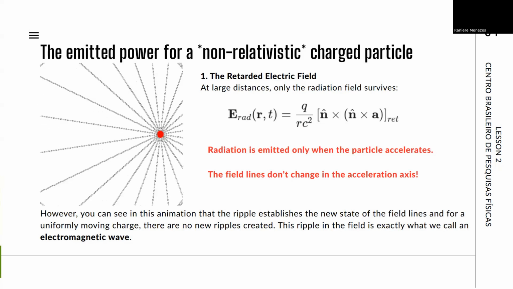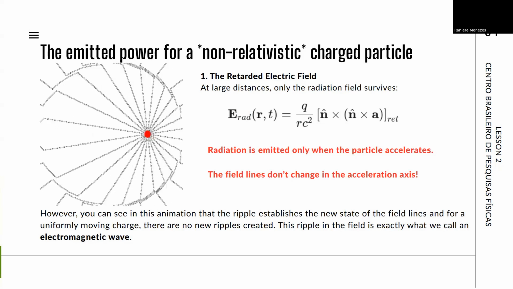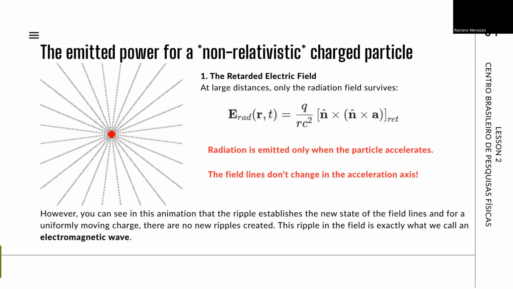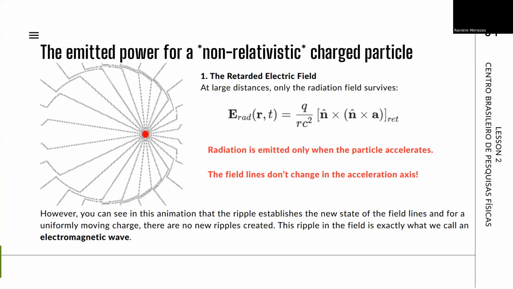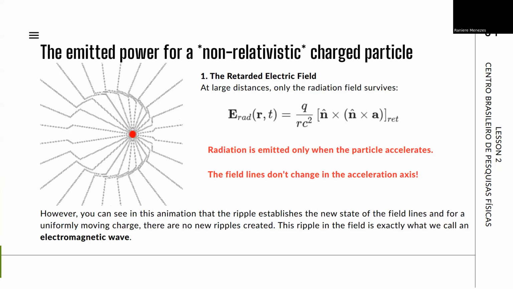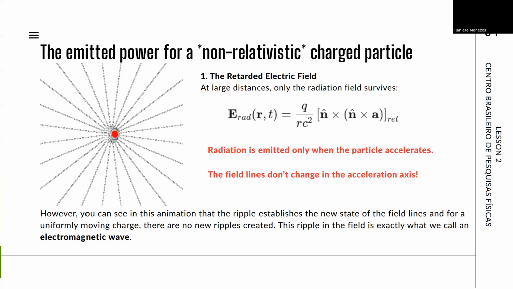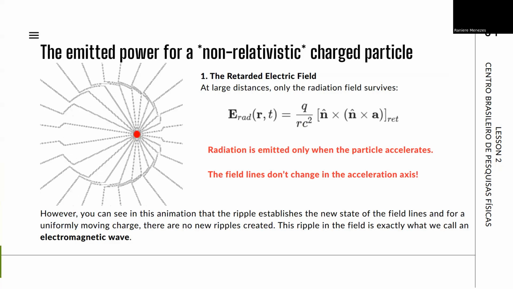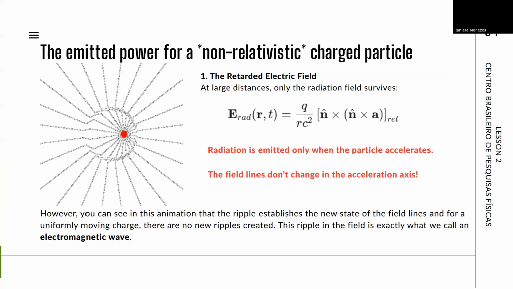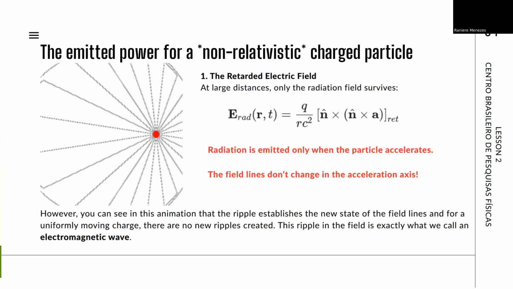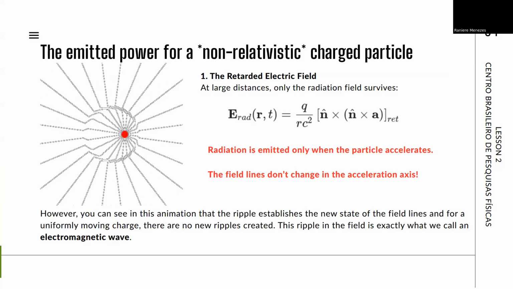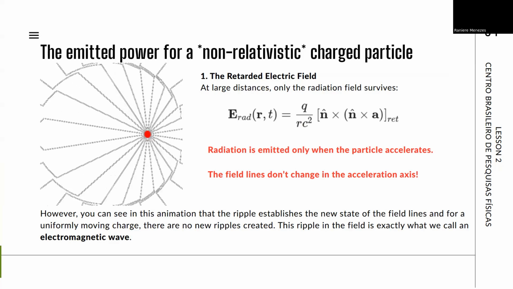We are seeing that these lines change due to the retarded potential. But if it's parallel to the motion, what happens to the lines? Nothing. Yes. So when a charged particle is accelerated, the radiation is emitted perpendicular to the direction of the acceleration, and the intensity depends on the sine of this angle. So save this.